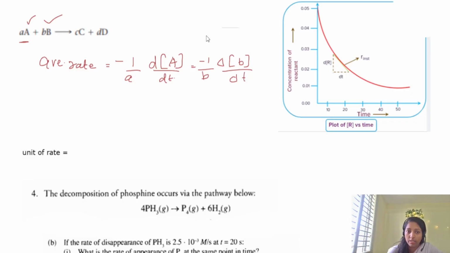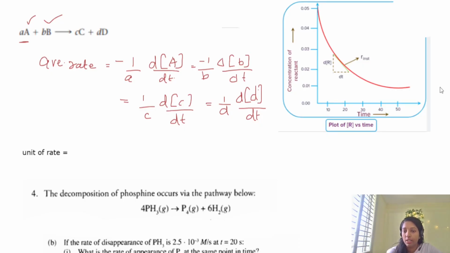And similarly you can say the same thing with the concentration of product, like the appearing rate, isn't it? Or 1 over c, change in concentration of C over change in time. This time I didn't take a negative sign because it's producing, right? Products are being produced. So 1 over d, change of D over dt. So like that you can express the rate equation in terms of every reactant and every product.